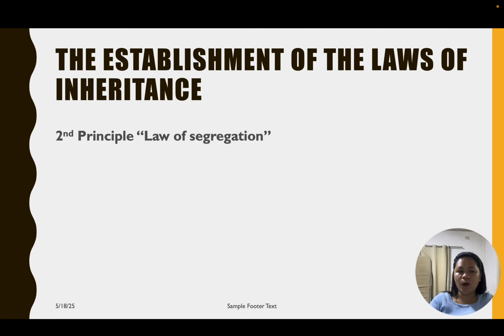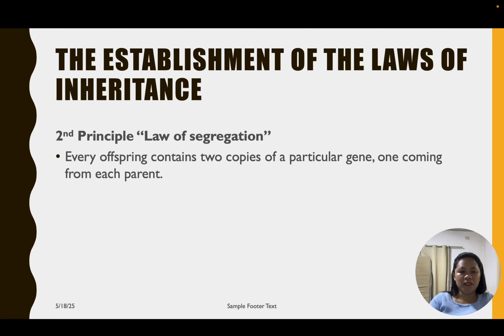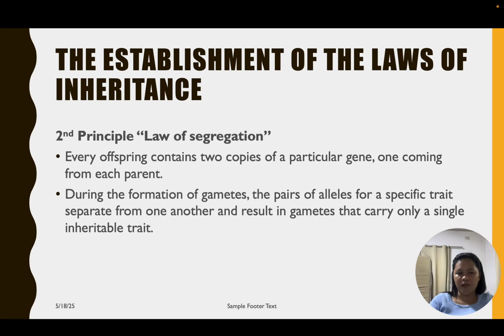The second law is the law of segregation. Every offspring contains two copies of a particular gene, one coming from each parent. So us, ano tayo? 50% from our mother, 50% from our father. During the formation of gametes, the pairs of alleles for specific traits separate from one another and result in gametes that carry only a single inheritable trait.